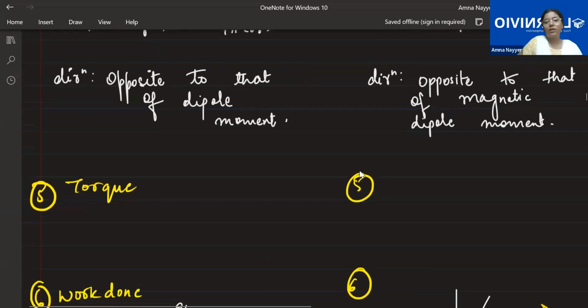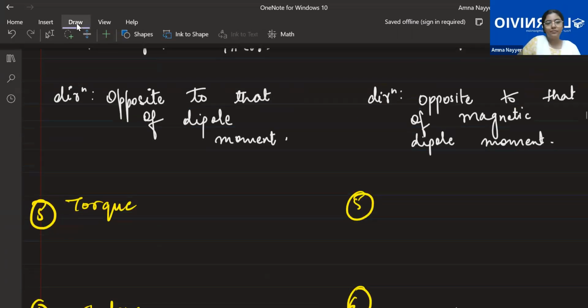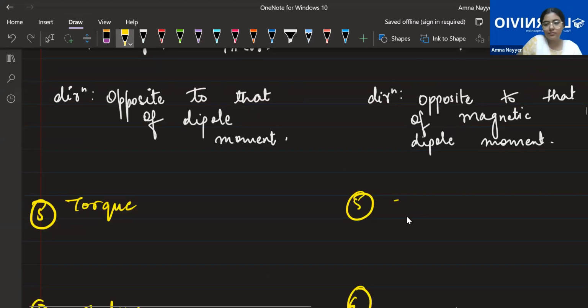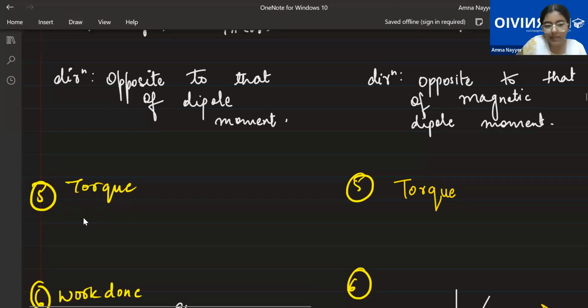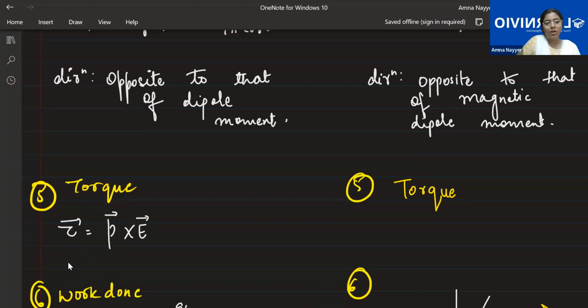Then the formula of torque. Tell me. P cross E. Torque is P cross E, or we can say torque is equal to PE sine theta.